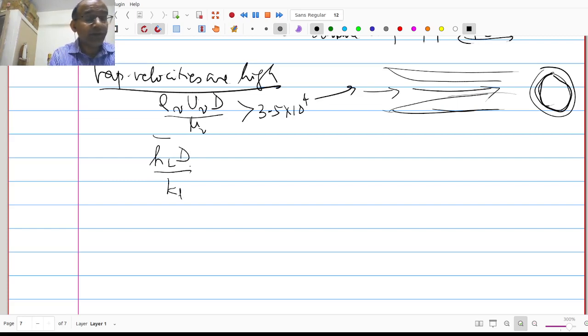This is the liquid film Nusselt number for a length L of the pipe.